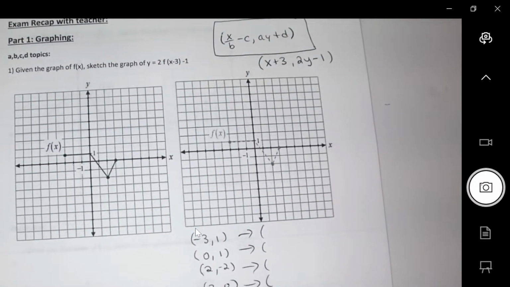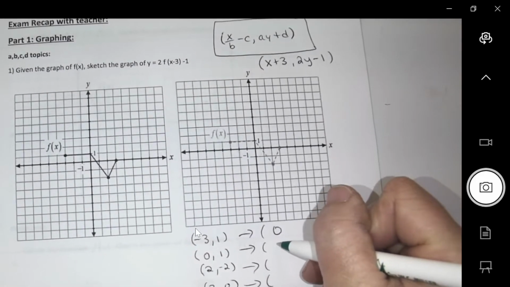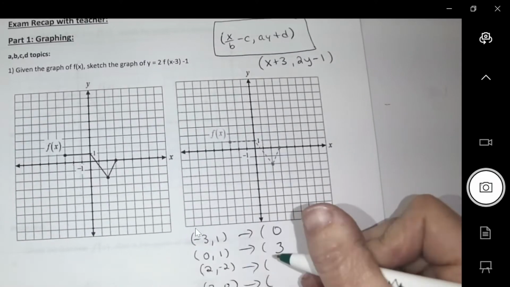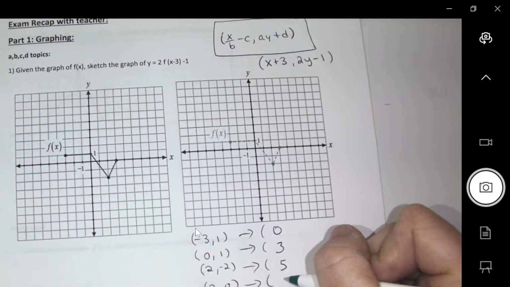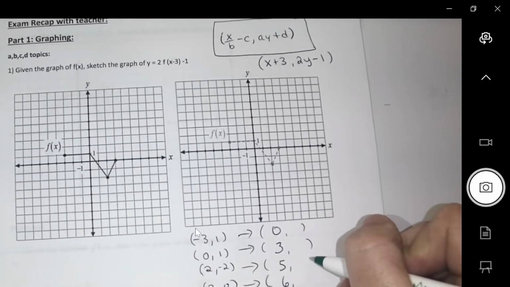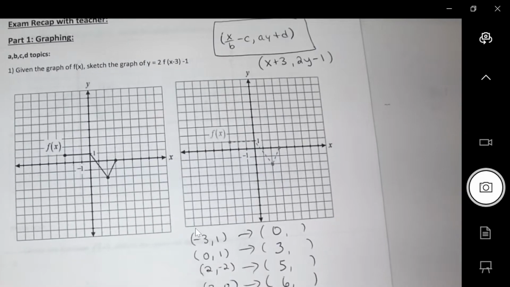What I'm going to do is go through all the x's and then all the y's, because it'll be faster for my math. Okay, add 3. So 0. Add 3. 3. Add 3. 5. Add 3. 6. Okay.